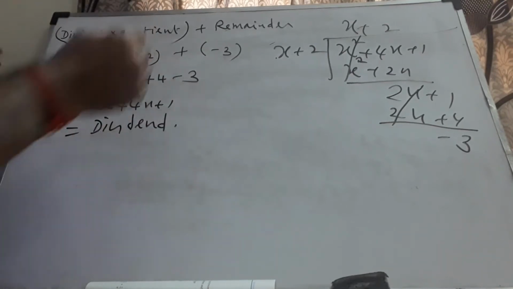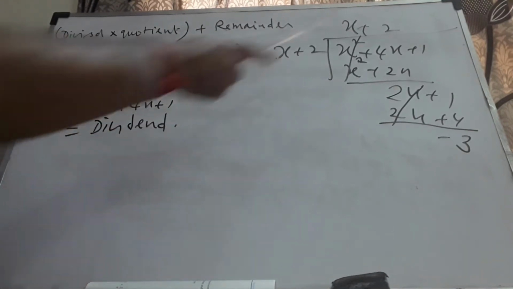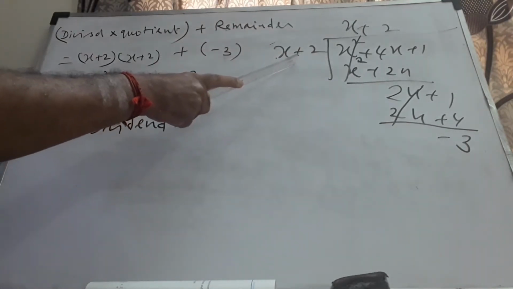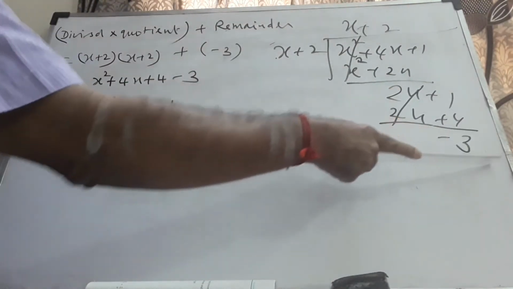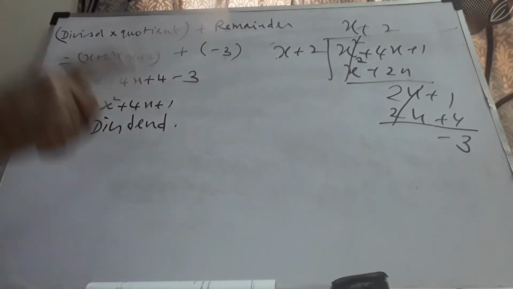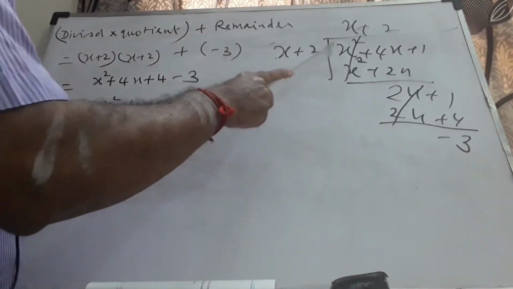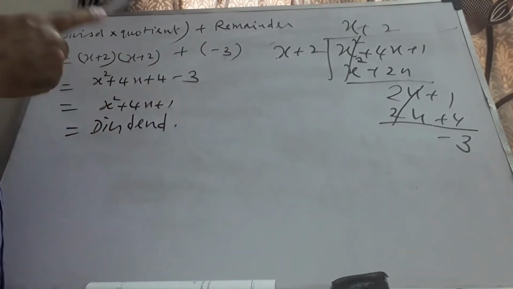Therefore, after dividing one polynomial by another polynomial, I'll be able to get a quotient as well as a remainder at the end. Okay. Therefore, the quantity which is divided is called the dividend here, as we did in the case of ordinary numbers.